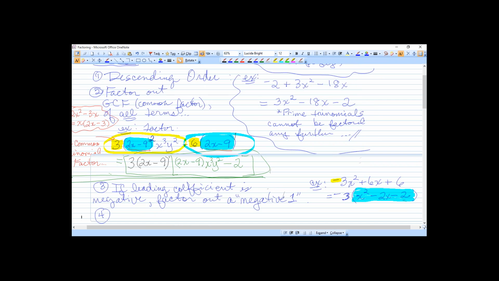And then if the leading coefficient is negative, you want to factor out a negative as well, as in this example here in the bottom right of the screen. Because when we go into factoring the trinomials, we want to make sure you have a positive leading coefficient. That will make everything doable, if it's possible.